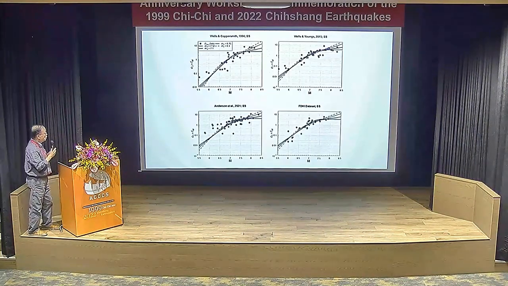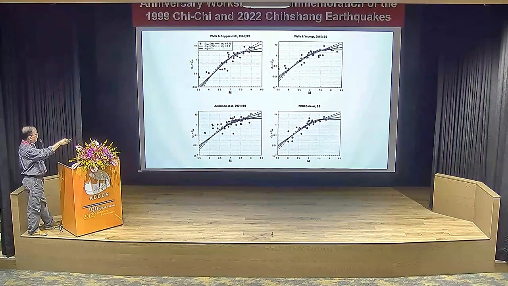This is because we look at how our magnitude scaling relation predicts the average displacement data collected in three other studies: Wells and Coppersmith in 1994, Wells and Youngs, which is the updated data set of Wells and Coppersmith, and also data collected by Anderson et al. 2021. What's unique about these three data sets compared to the FDHI data set is that they include several earthquakes that have a magnitude larger than 7.9.